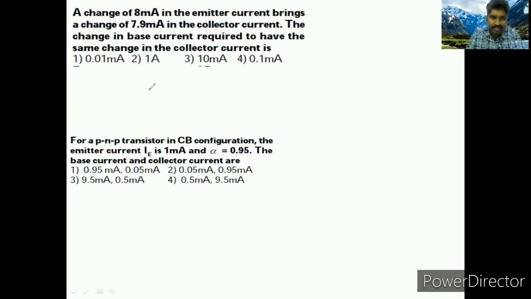Now, a change of 8 milliamps in the emitter current brings a change of 7.9 milliamps in the collector current. So the change of emitter current is 8 milliamps and the change of collector current is 7.9 milliamps.